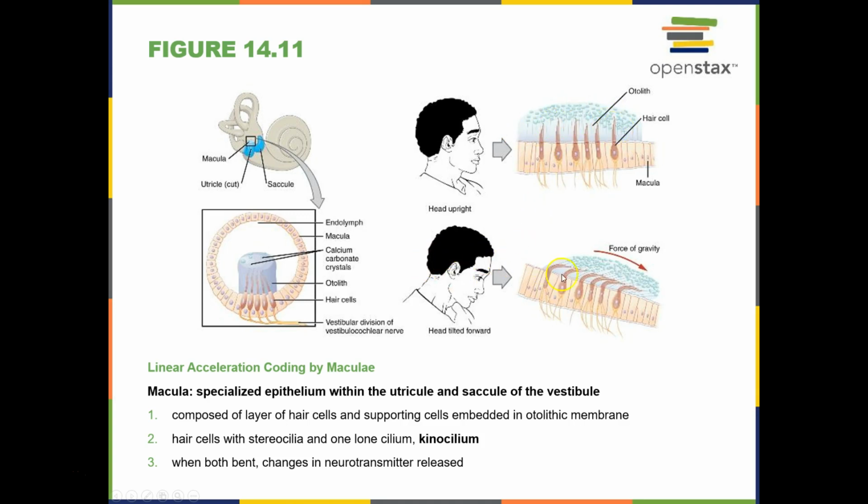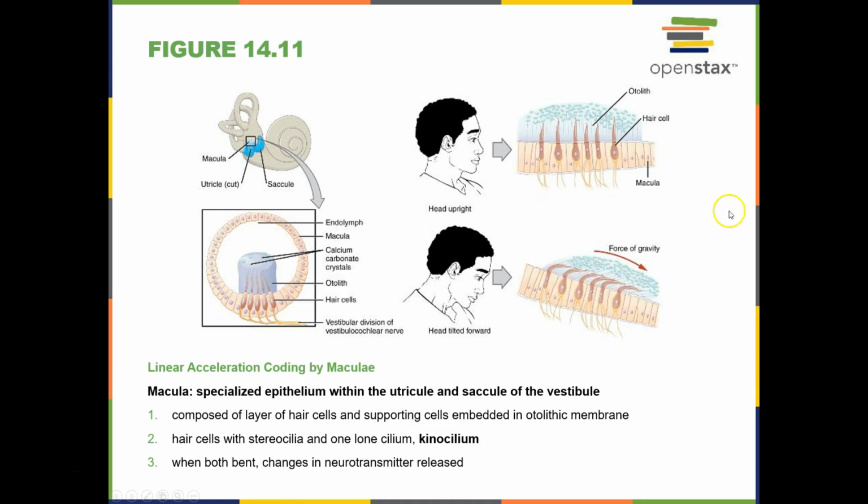So think of like here, we're bending our head, saying yes to someone. The otolithic membrane moves forward. This causes all of those hair cells to move and bend towards that kinocilium. When our head moves back up, the gel is going to take a little time, but it will eventually move back up as well, allowing those hair cells to straighten back out.